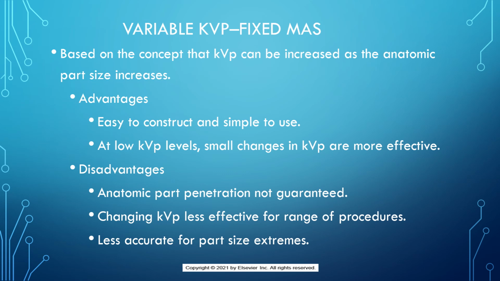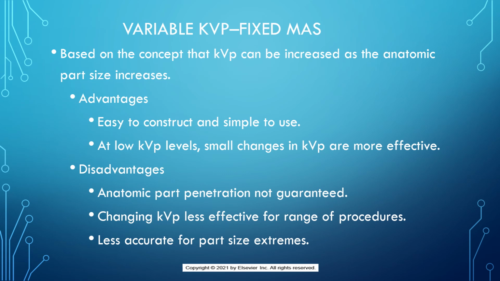That might be too far. You might not achieve adequate penetration. So you can scale beyond what's the minimum penetrative energy for the beam, and then you've underpenetrated, and then you have mottle. So that is a downfall.